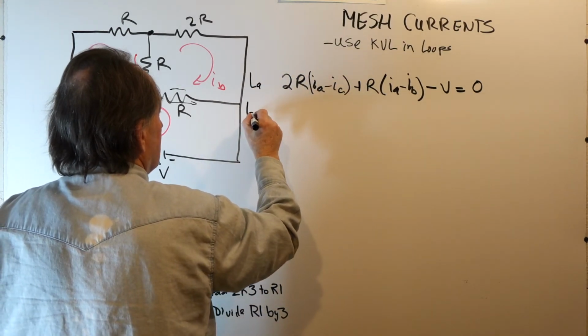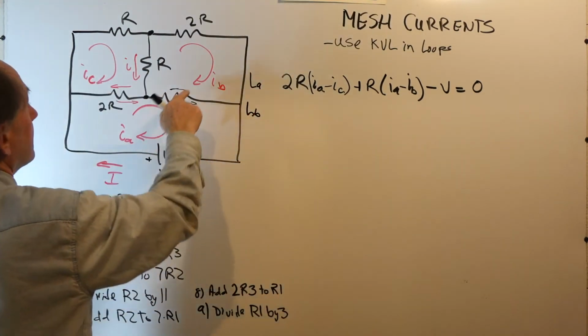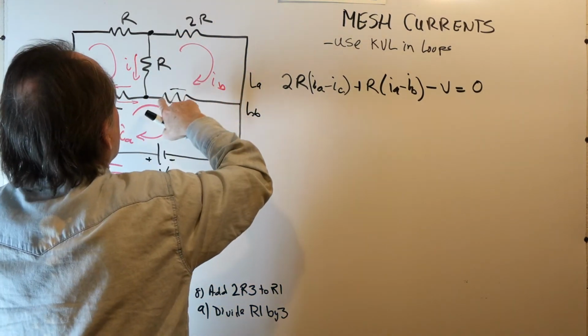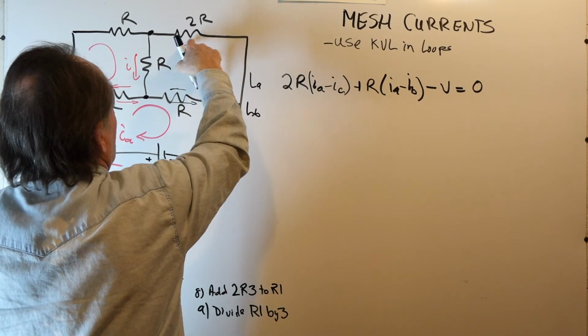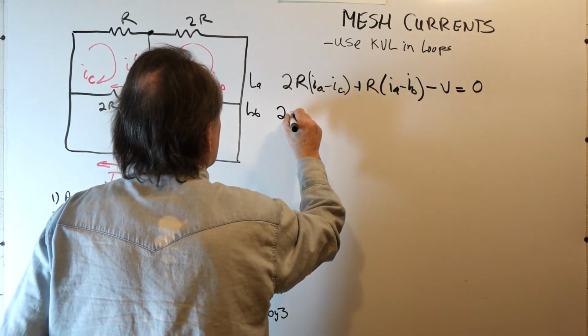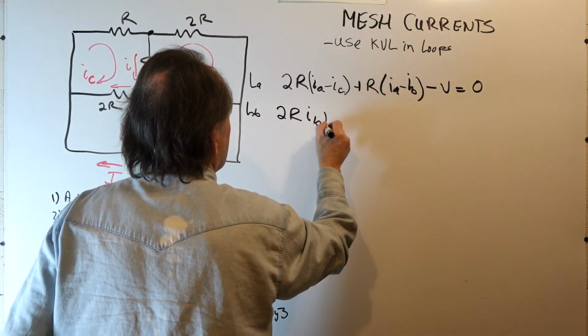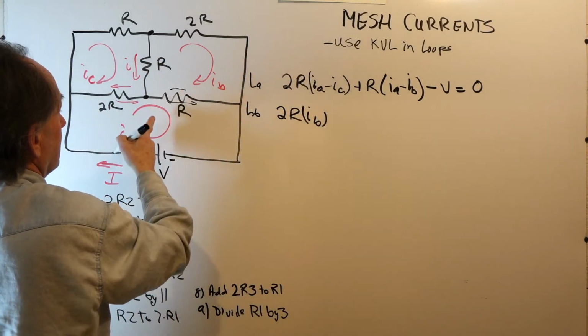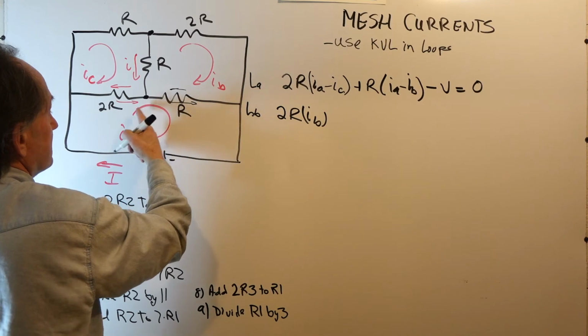In loop B, we're going around this loop. Let's start here. IB is the only current flowing in this 2R, so we have 2R IB. Then IB is flowing in this resistor, and so is IA.